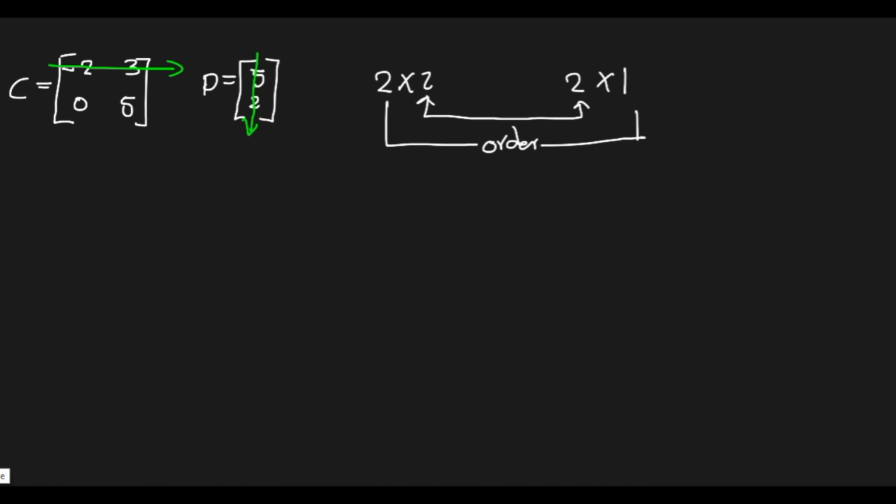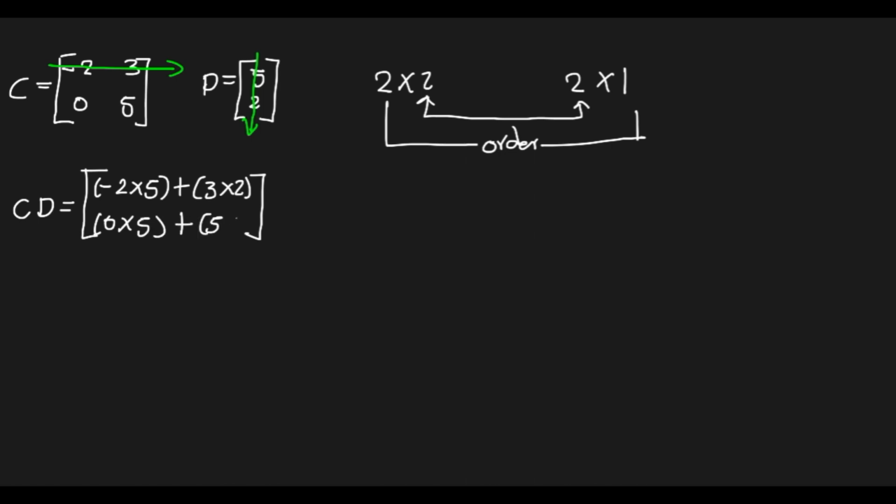So let's begin. Let's find matrix CD. So we have -2 times 5 plus 3 times 2. Let's go to the second row. Here it's 0 times 5 plus 5 times 2.